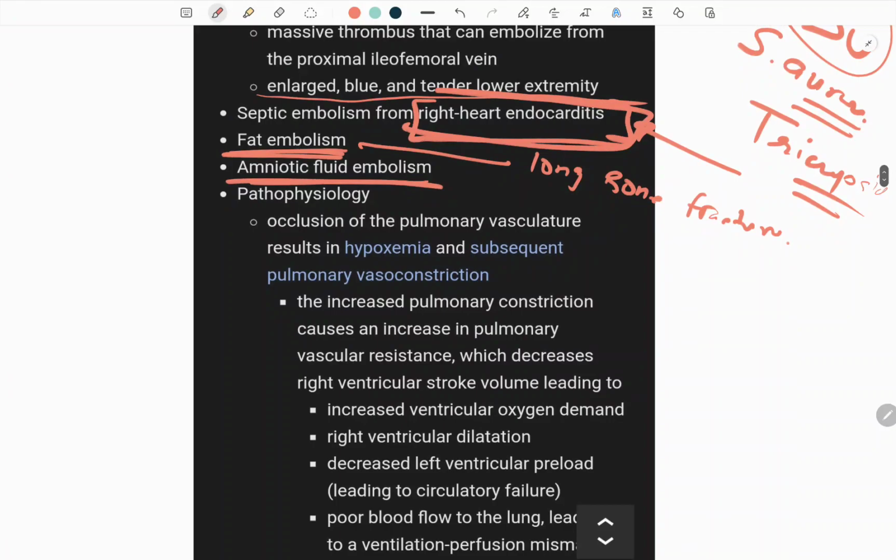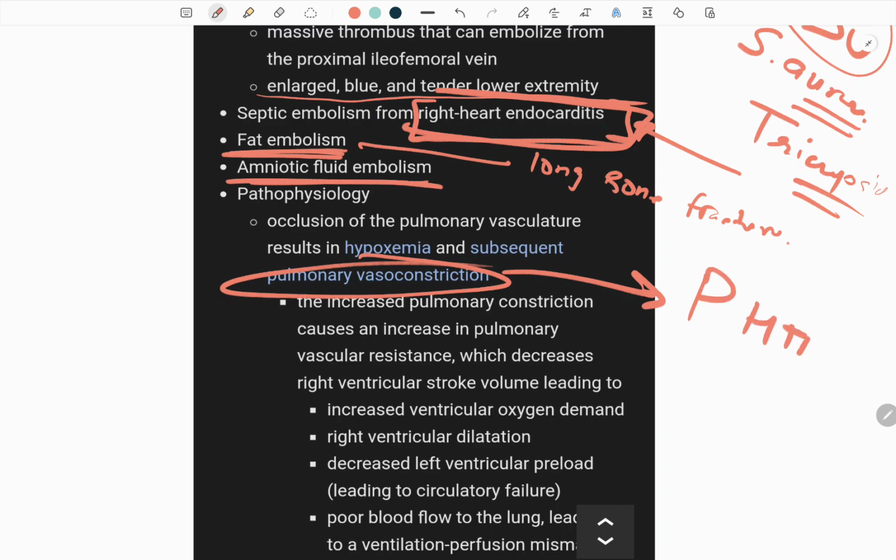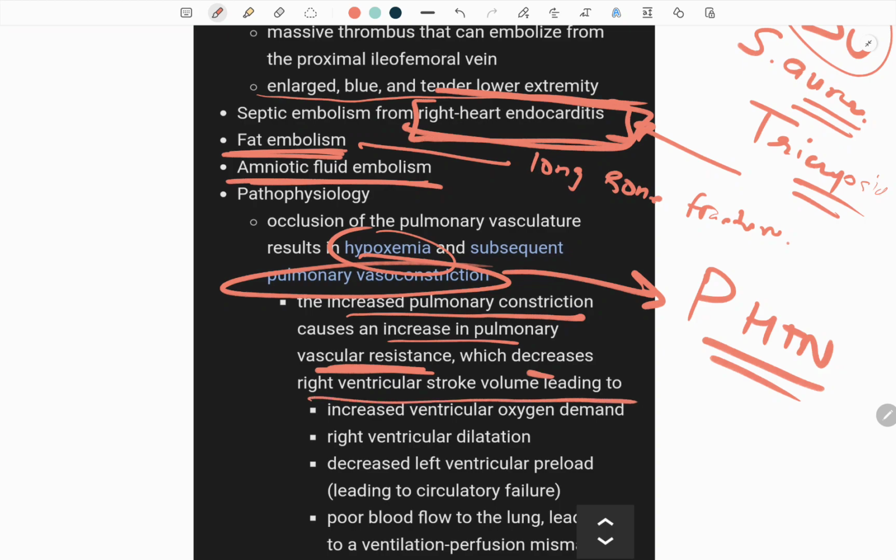Occlusion of the pulmonary vasculature results in hypoxia and subsequent pulmonary vasoconstriction. The vasoconstriction is very important here, and that can also lead to pulmonary hypertension. And hypoxia, one of the major things that could occur. The increase in pulmonary vasoconstriction causes an increase in pulmonary vascular resistance, which decreases the right ventricular stroke volume.